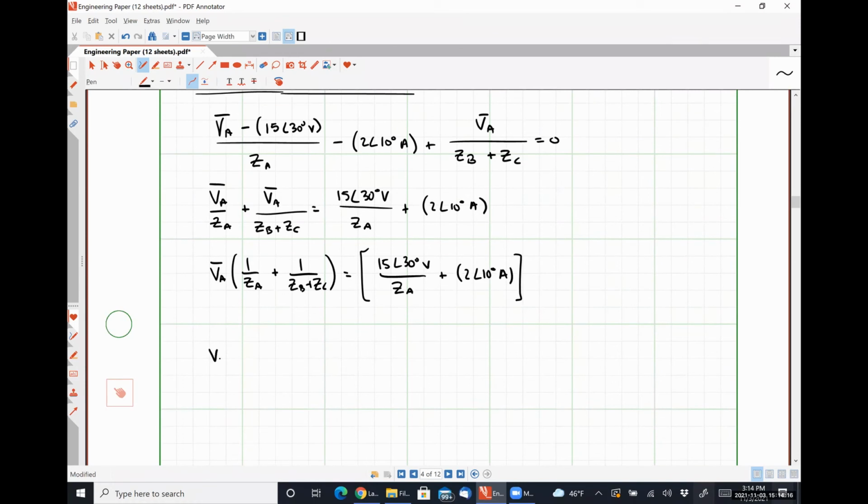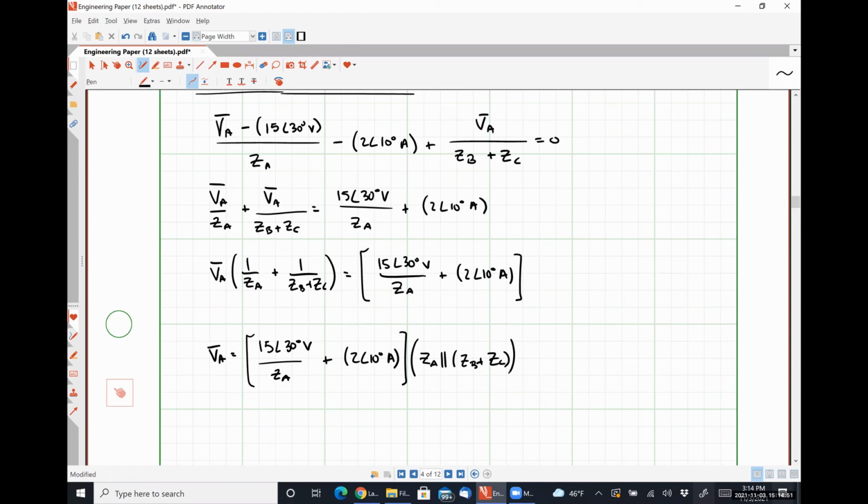And finally then, VA would be (15 angle 30 degrees volts) divided by ZA plus 2 angle 10 degrees amps, multiplied by ZA in parallel with ZB plus ZC.